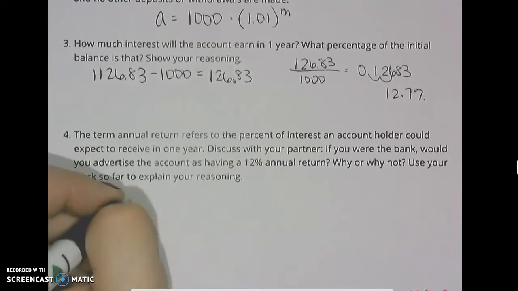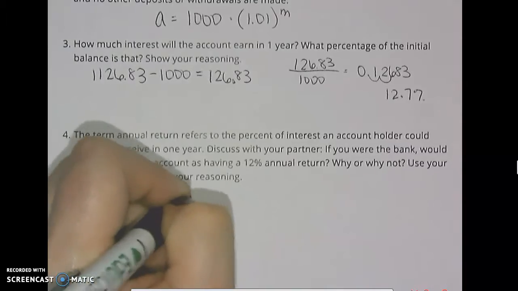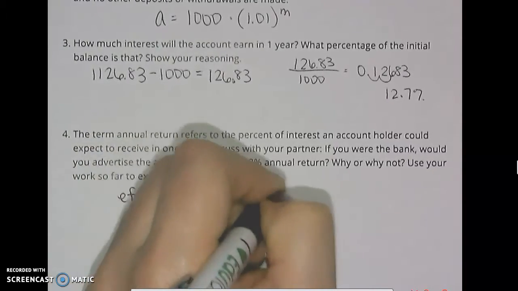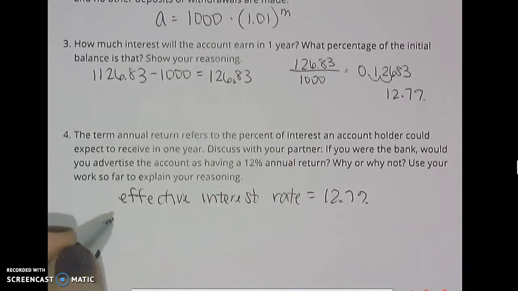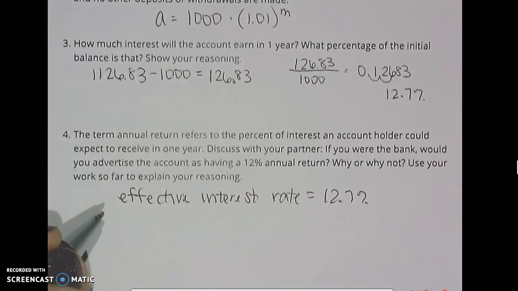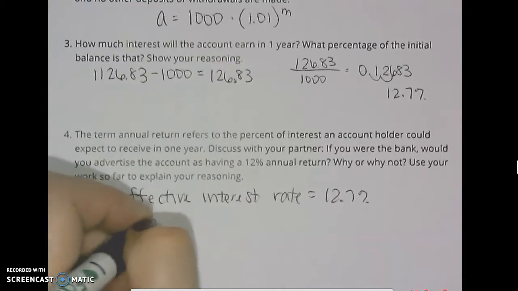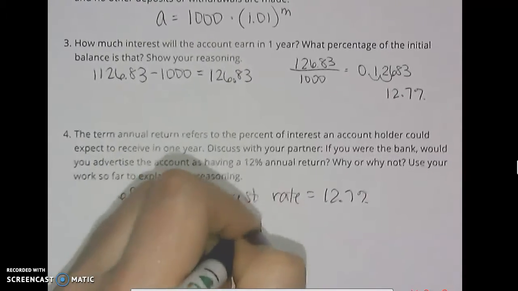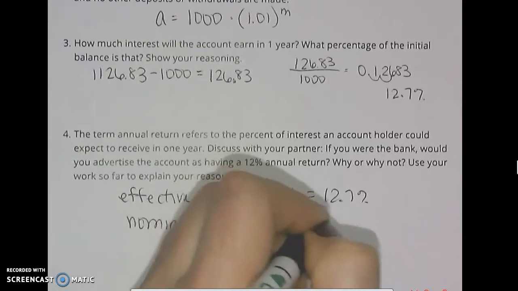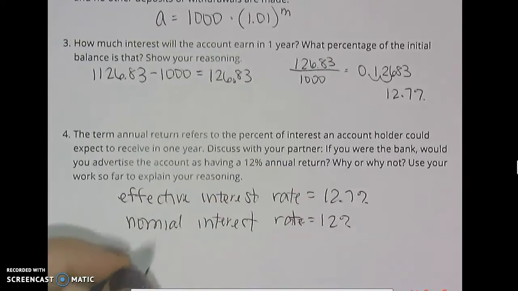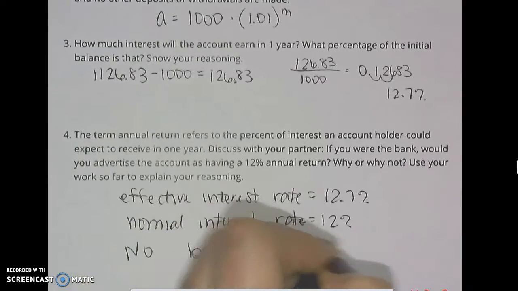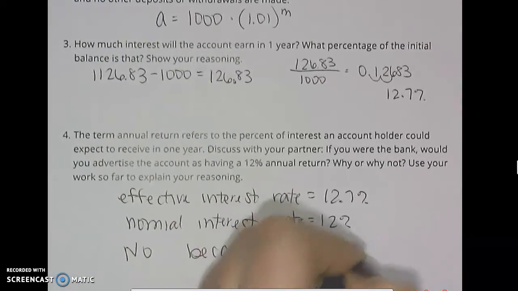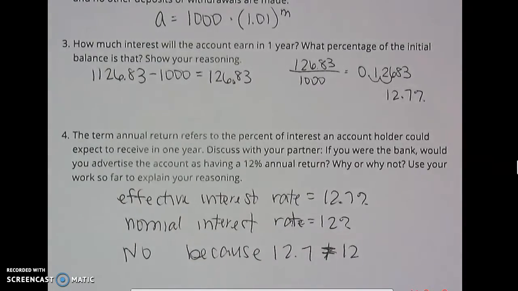So the effective interest rate equals 12.7%, and the nominal, we'll call it, interest rate equals 12%. So I would say no, because 12.7 is not equal to 12. We would want to make sure that we are saying it's 12.7% so people know they're going to get more money into their account. That's it.